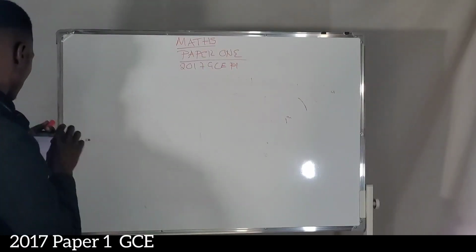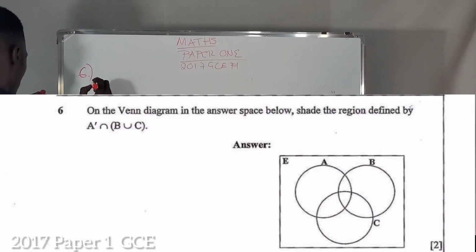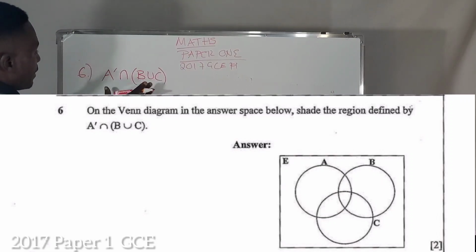Okay, question 6. Question 6: on the Venn diagram in the answer space provided, shade the region defined by, so not to waste time copying the whole question, I'll just write the set notation, which is A complement intersect B union C. Okay, so they're asking us to shade this one.